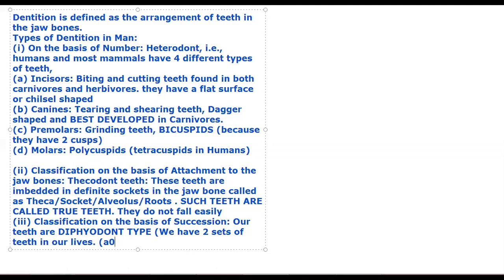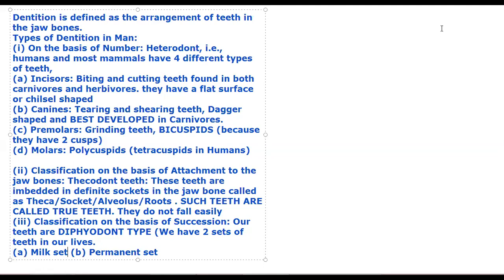A is the milk set and B is the permanent set. Okay, so A is the milk set and B is the permanent set.